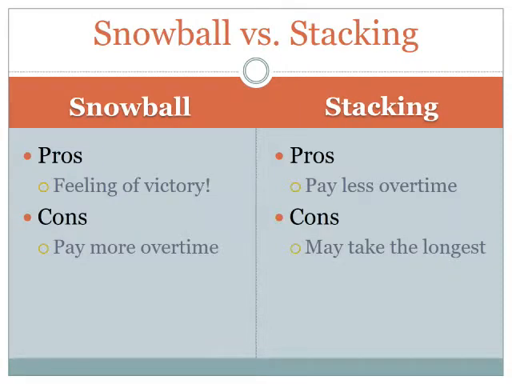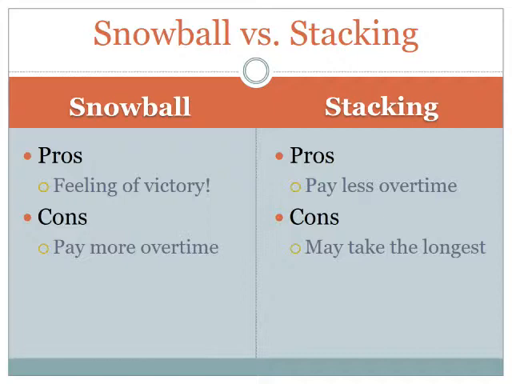Snowball versus stacking. We've talked about both methods. For the snowball method, some of the pros are you can feel more rewarded as you eliminate one debt after another. Some of the cons, you will eventually be paying more over time because higher balance debt tends to accrue more interest.